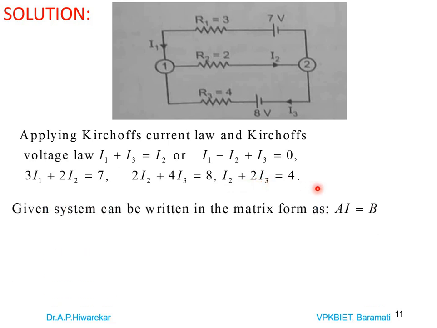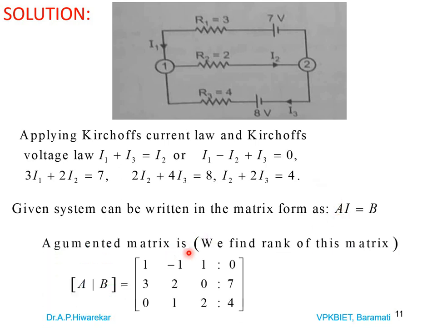So we can obviously write this particular system, which consists of 3 equations, 3 unknowns, in the matrix form as AI is equal to B. Augmented matrix AB is 1, minus 1, 1, right hand side is 0.